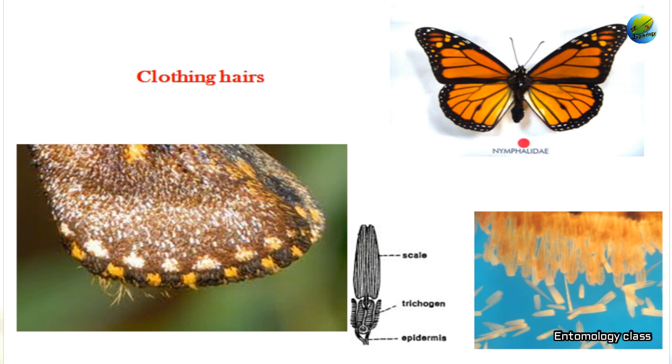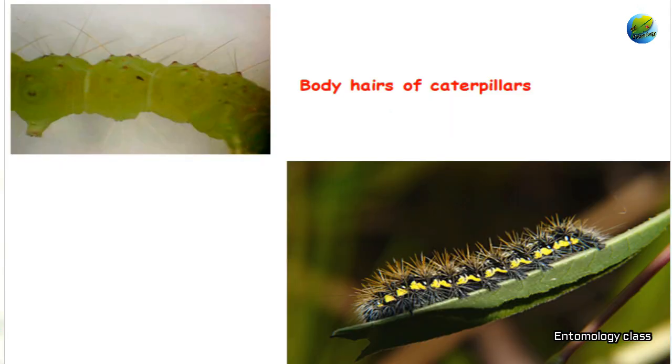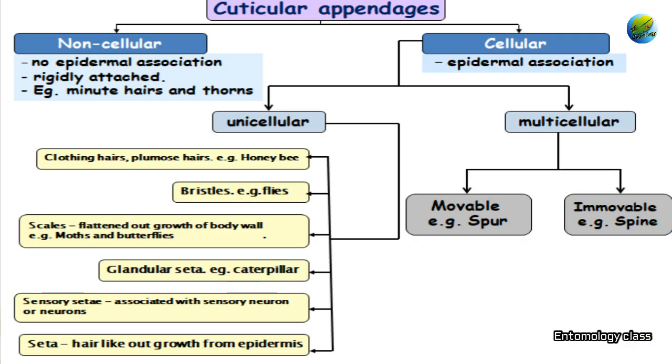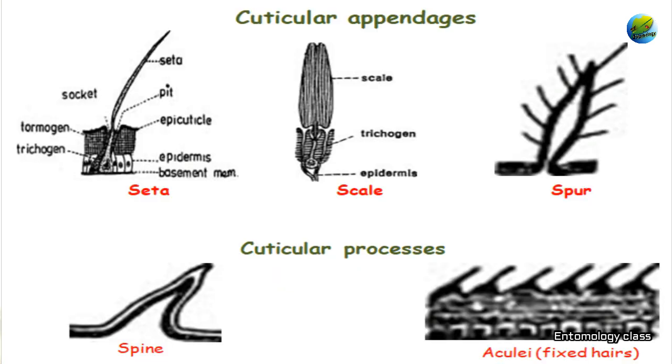And there are also glandular setae of the caterpillar, some of which are known to produce poisons. As we already told, there are also the sensory setae, hairs which function in sensing the external environment. And in the case of multicellular outgrowths, the movable one is the spur and the immovable one is the spine. So this is about the cuticular appendages.